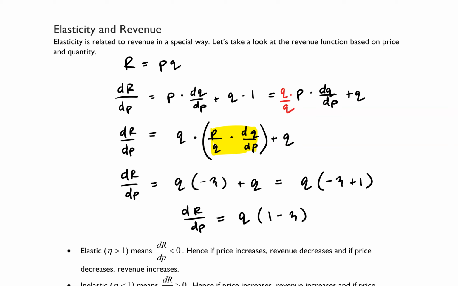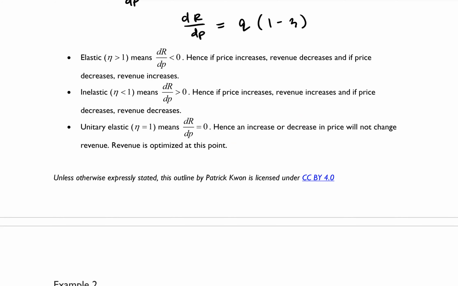Okay, so what does that mean for when we have elastic, inelastic, and unitary elastic? Let's take a look below. So when we're talking about the quantity of a product, this value here has to be greater than or equal to 0.